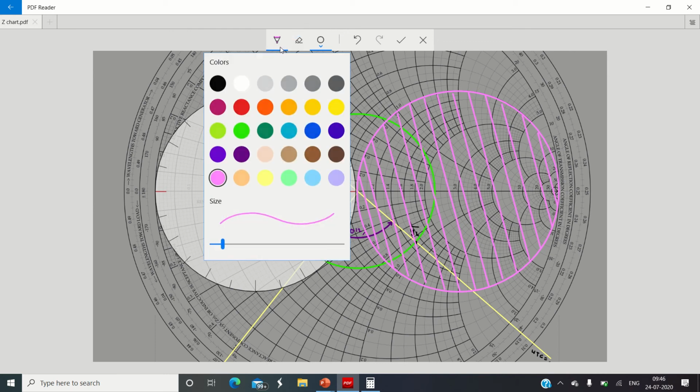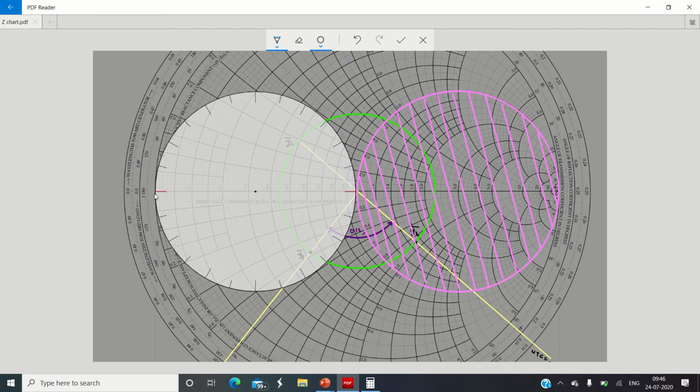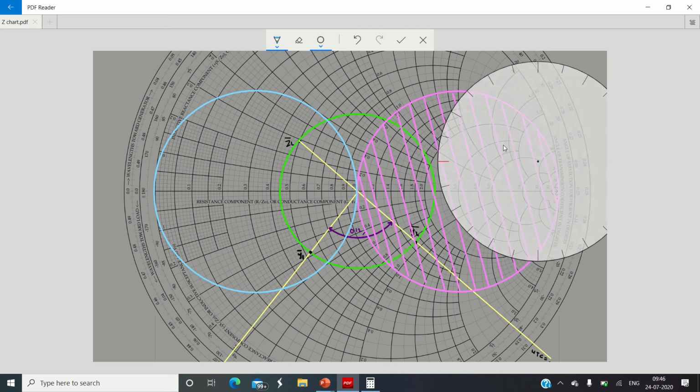For the tuner circle, I will take this light blue color and draw this tuner circle. Now this light blue colored circle is a tuner circle, please remember. So this tuner circle I have drawn.